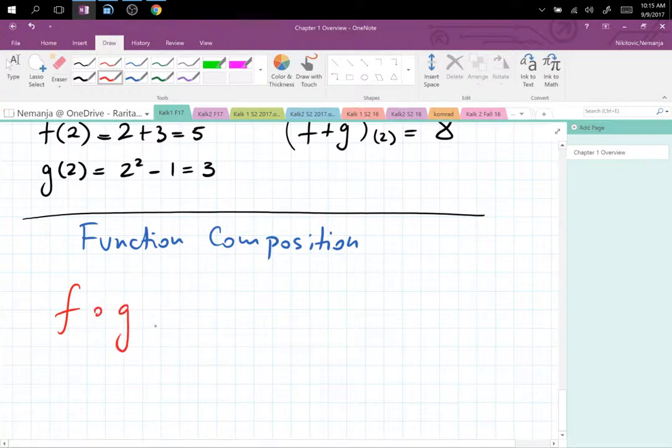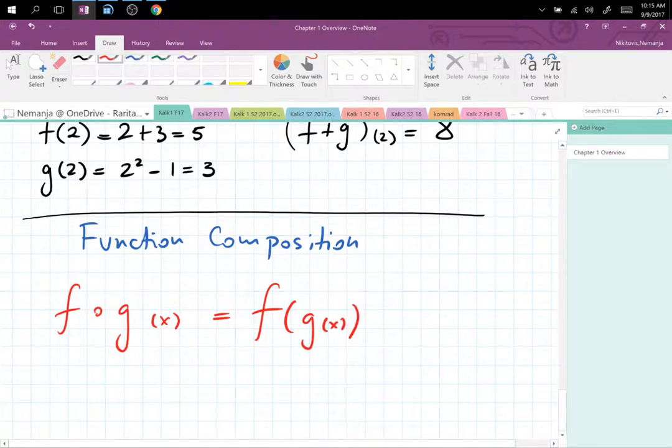F composed with g is f of g of x. And I will verbalize that and say plug g of x into f of x. That's what it means.